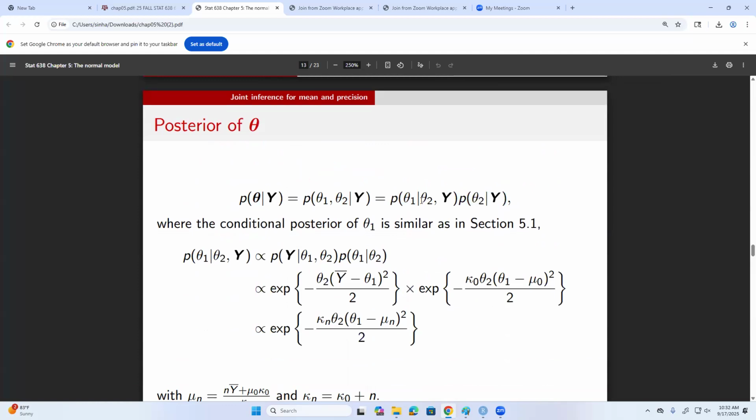The first term is the conditional posterior of theta 1 given theta 2 and data. How do I get that? That conditional posterior is obtained by writing the likelihood function times the conditional prior of theta 1 given theta 2.